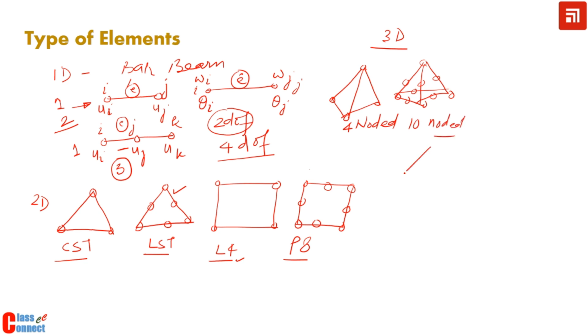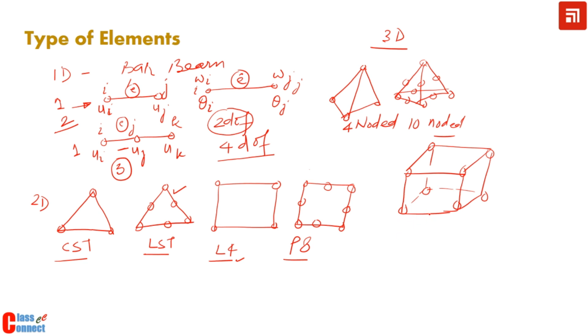Similarly, we can have a brick element. This is the quadrilateral family, that is the hexahedron element. If we have all corner nodes, as in other cases, we have this 8-noded hexahedron, or sometimes we call it a brick element.